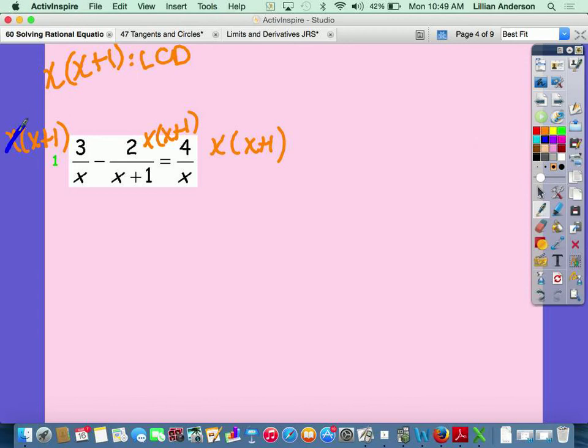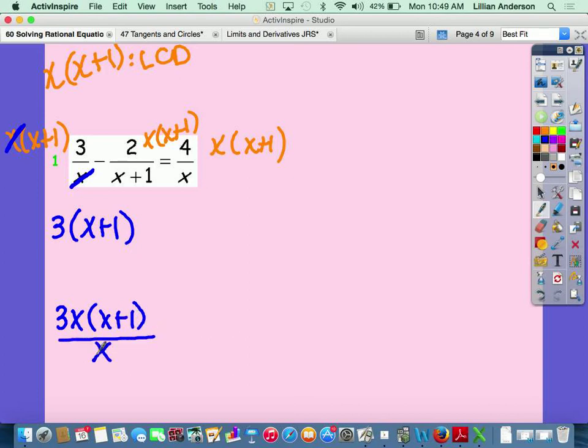The x. So that leaves me with 3 times x plus 1 for this first fraction. The intermediate step that I'm not showing is this: when I multiply, I have 3x times x plus 1 all over x. You see how there's x at the top and x at the bottom? And so then they go away.